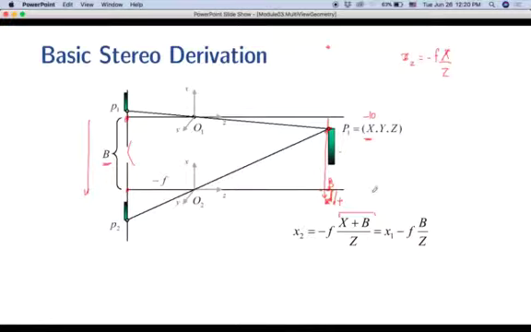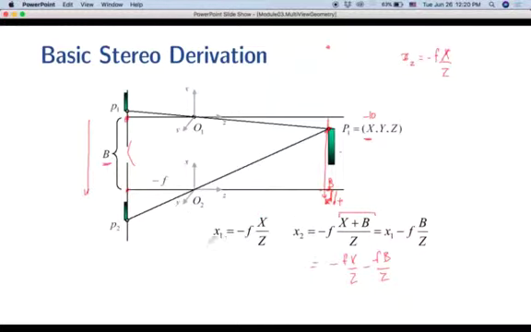So now this is nothing but equal to minus fx over z minus fb over z. I can just write that fraction like this, and minus fx over z is nothing but x1. So I got a relationship between x1 and x2.